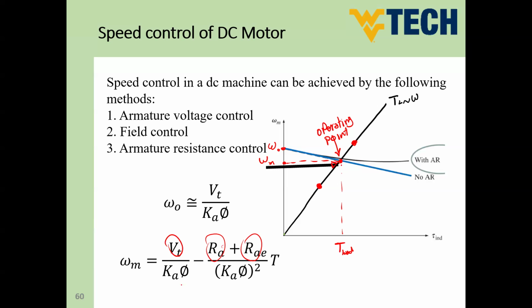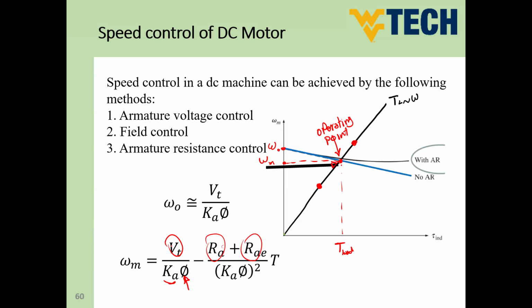Another factor is, you can see here, we have Ka. Ka actually depends on the winding of the machine, so we are not going to control the variable Ka. However, we can control the variable phi. So now, guys, we have three parameters that we can control.